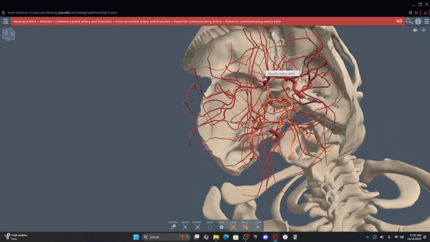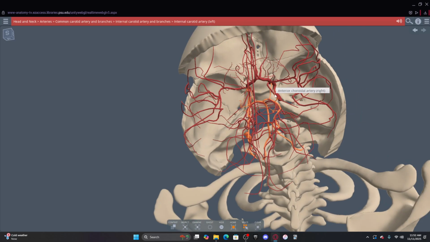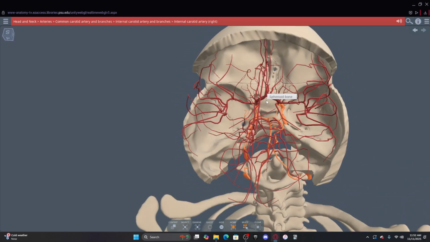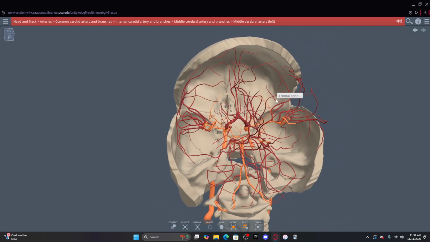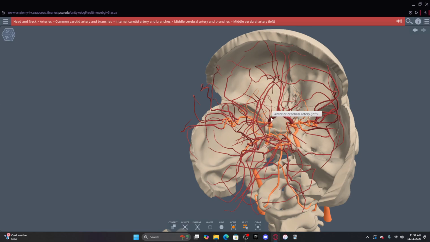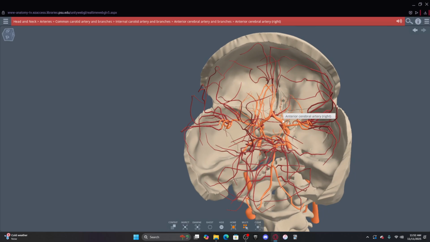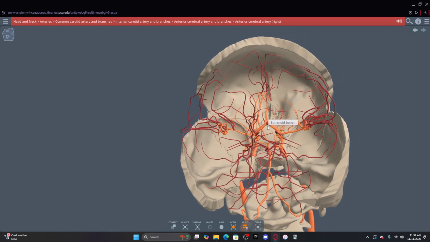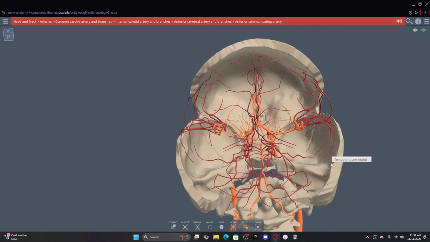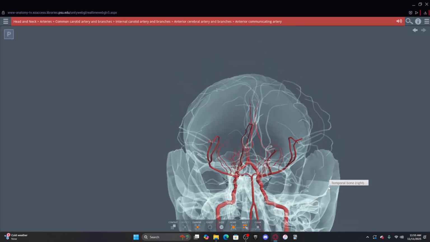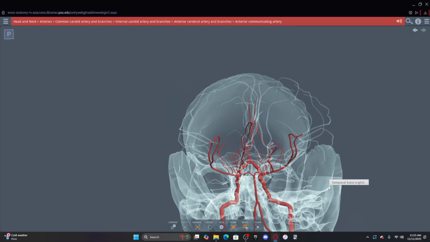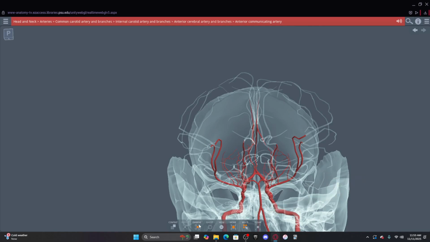Then blood is coming in from the internal carotids, and you see blood going to the middle cerebral artery on each side, and also into the anterior cerebral artery, right and left side. Then you have an anterior communicating artery connecting your two anterior cerebral arteries. This is how the circle of Willis would look for the scope of this class, basically.